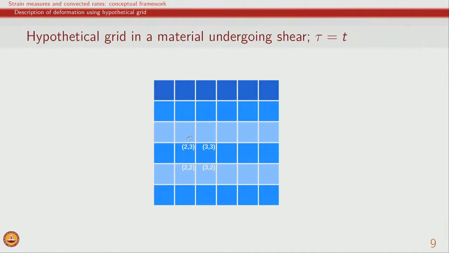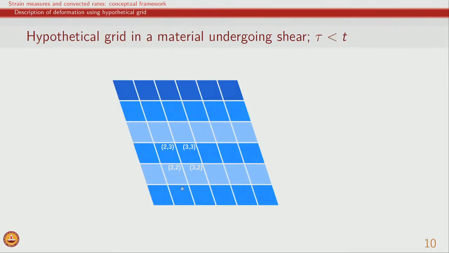Therefore, these points must have been to the left compared to these points, and this is what we see here. The bottom points of course remain fixed, because at the bottom plate there is no velocity. However, this 2 2 point has moved with respect to this 0 2 point. Similarly, these 2 3 and 2 2 points and 3 3 and 3 2 points. So, these points were at the left position compared to this.